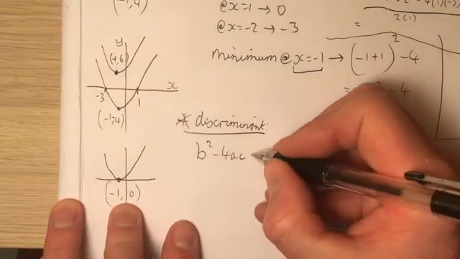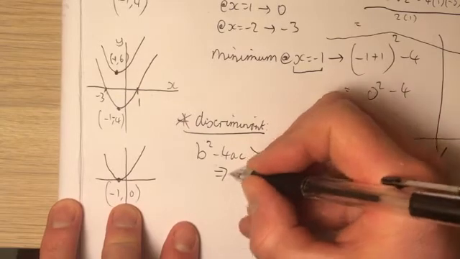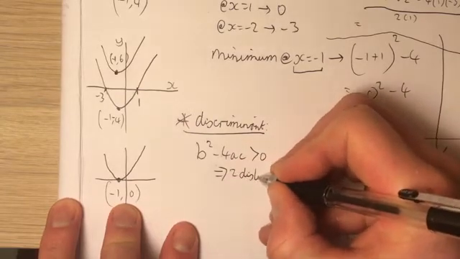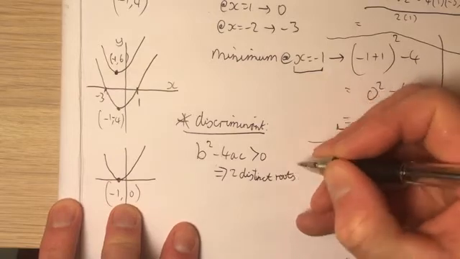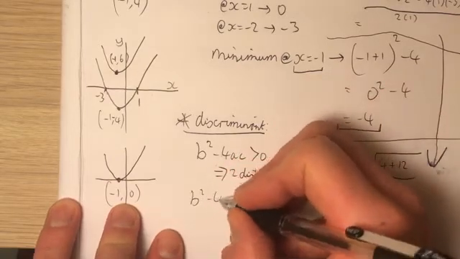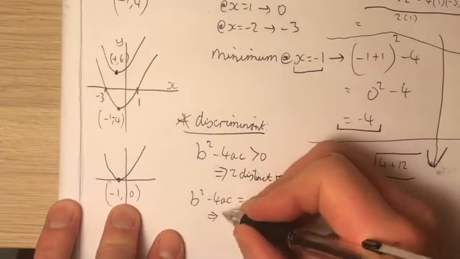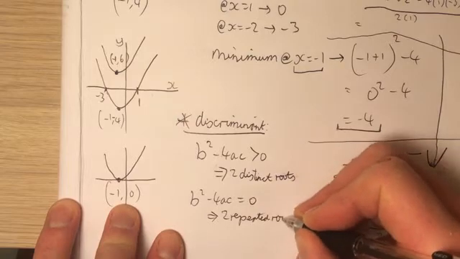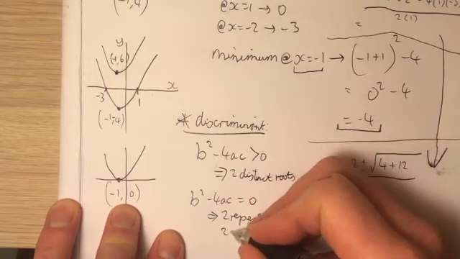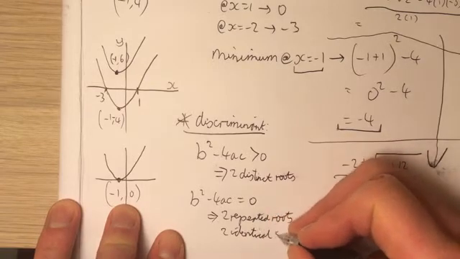Okay, so let's write it down. If b squared minus 4ac is greater than 0, then we have two different roots or solutions. If b squared minus 4ac equals 0, we have two what we call repeated roots, or sometimes two identical roots or solutions, same thing.